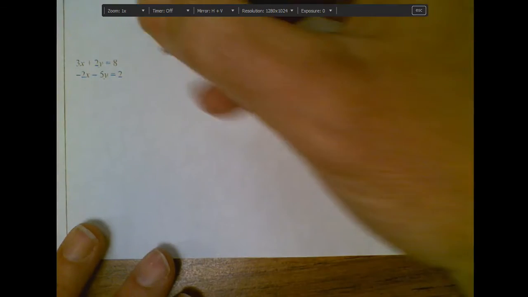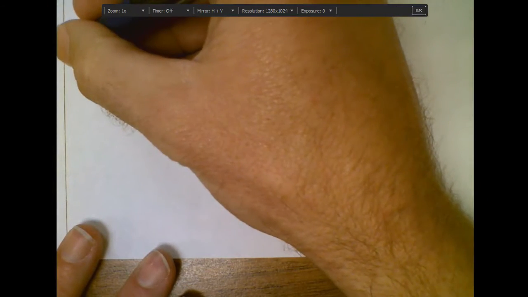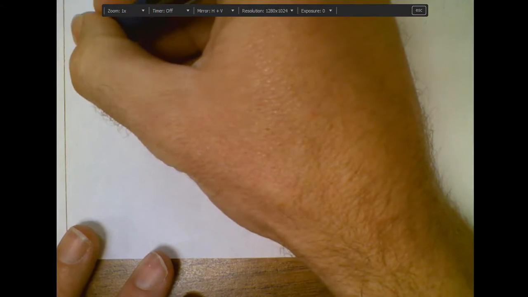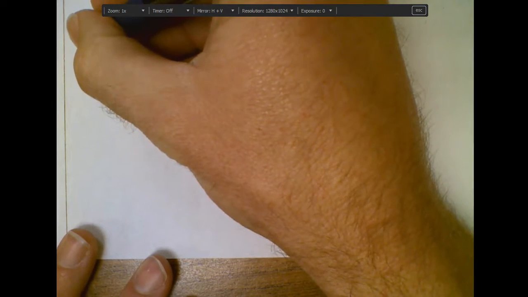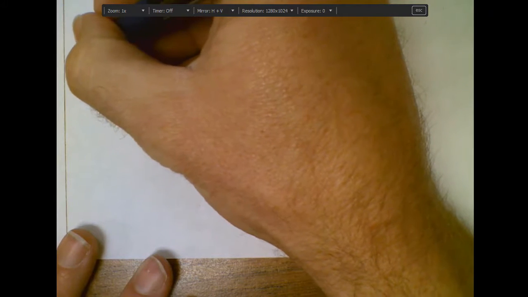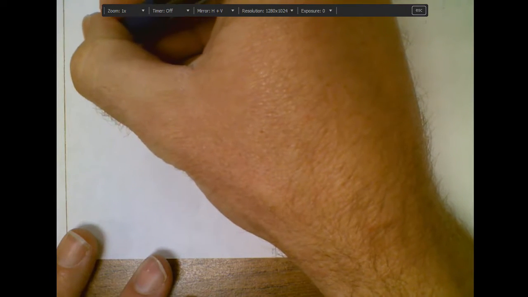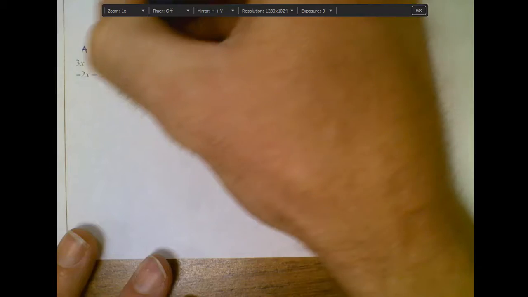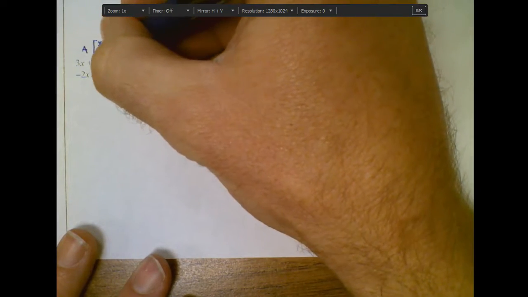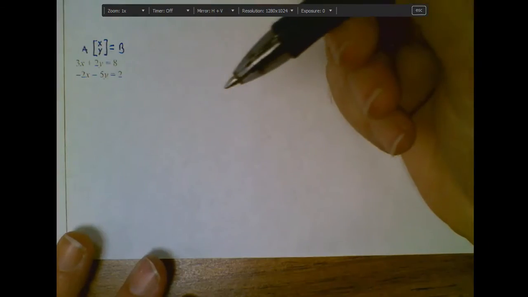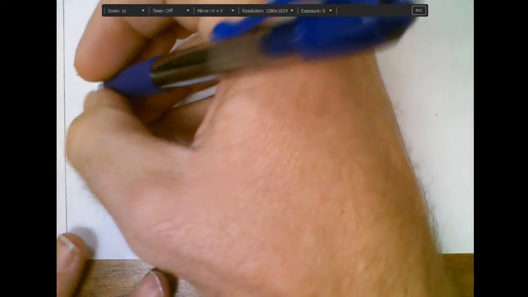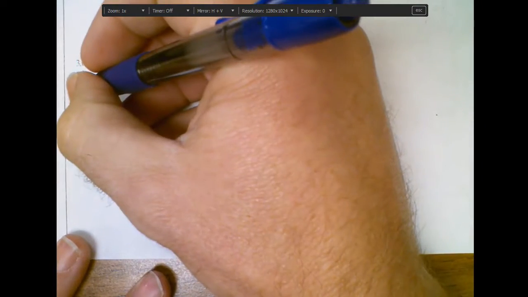So it starts out by just understanding that I am looking at matrix A times, I'm going to write it this way, times my solution set equals my matrix B, which is the 8 and the 2. So matrix A is our coefficient matrix.